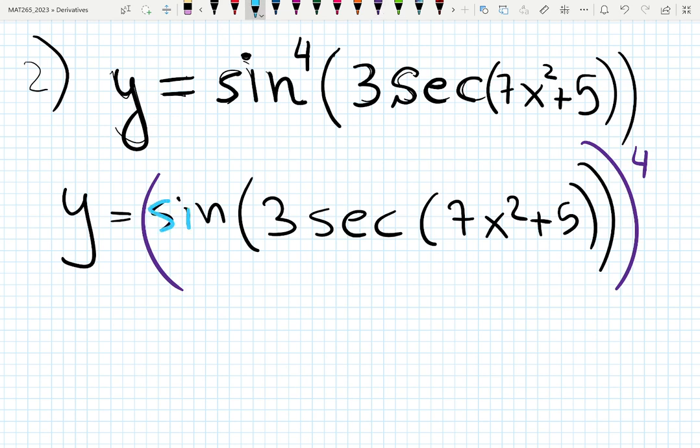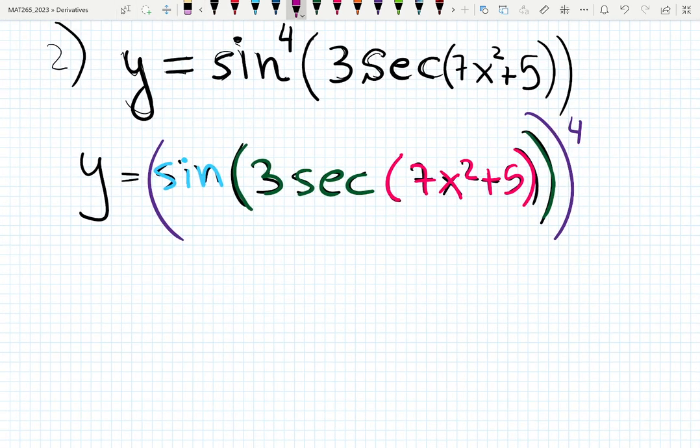Then sine will be my next derivative because it goes right after the power to the 4. But sine has a function inside. That function is 3 secant. So I'll take the derivative of 3 secant. And the very last step will be the stuff inside of the secant, x squared plus 5. So this is my nesting of functions, color-coded if you want.